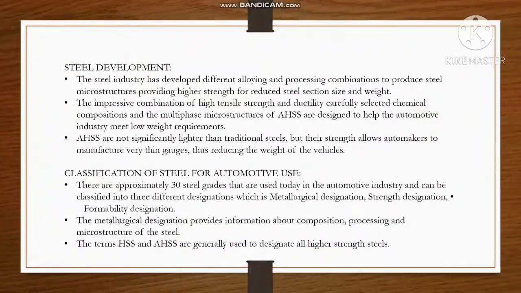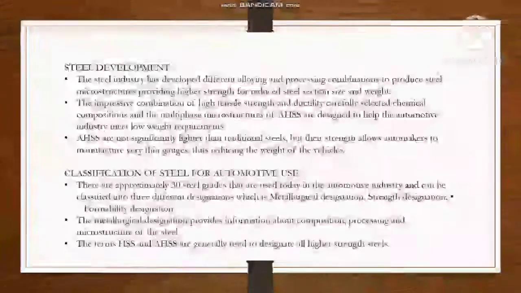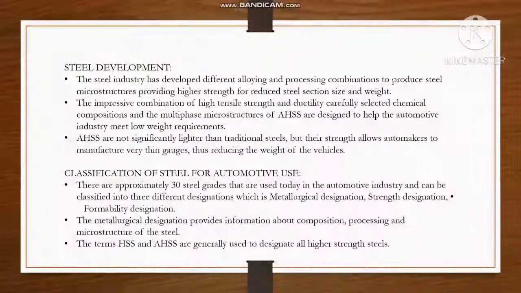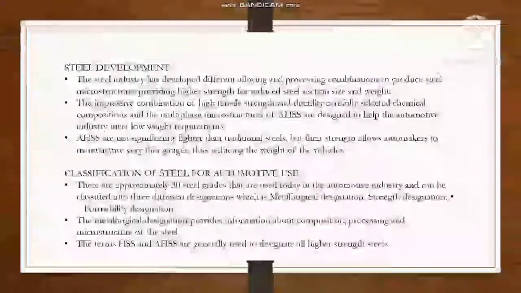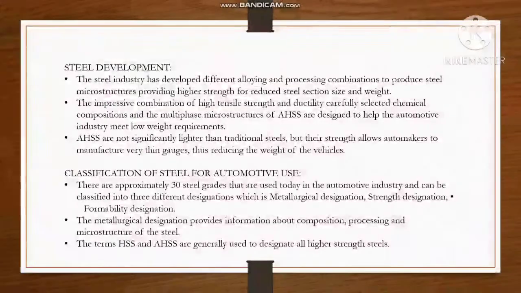Number 2 is the classification of steel for automotive use. There are 30 steel grades that are used today in the automotive industry and can be classified into 3 different designations: metallurgical designations, strength designations, and formability designations.